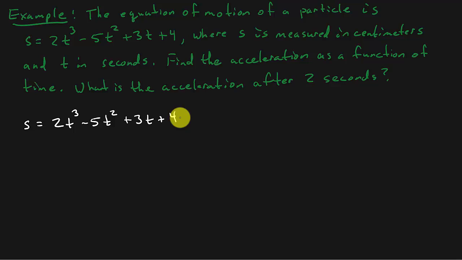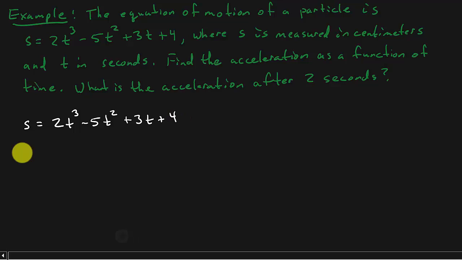So I need to find the acceleration function. The acceleration, which we learned earlier, I think in the last video, is the second derivative. If we take the derivative of the position function, that gives us the velocity, and then the derivative of the velocity gives us the acceleration, and that's what we're looking for.